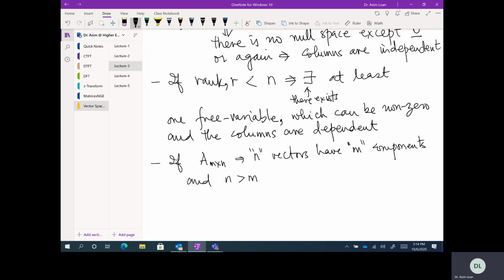So if n is greater than m, this means it's a fat matrix, which is like this. So there are too many columns to be independent.